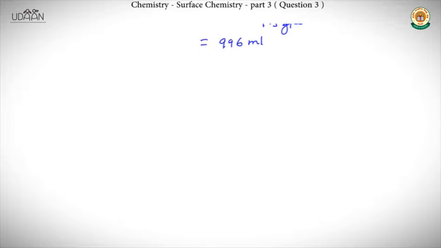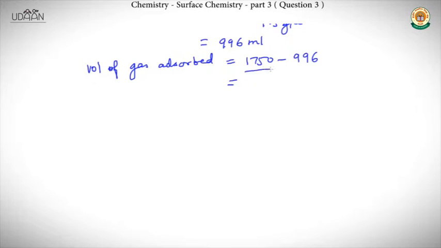So we'll calculate that. Volume of gas absorbed will be equal to 1750 minus 996. This should have been the volume, but this is the volume, which means the difference got absorbed. So this is 754 ml of gas that was absorbed.